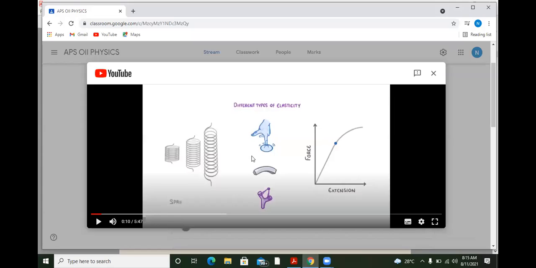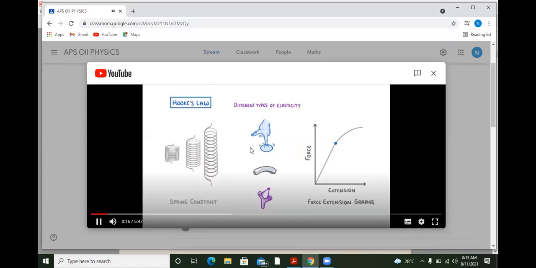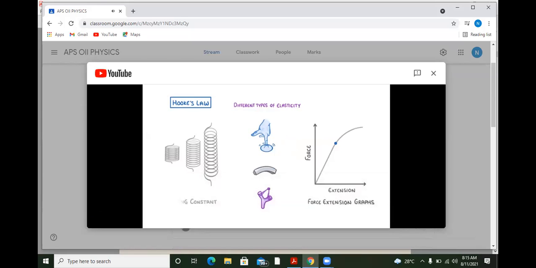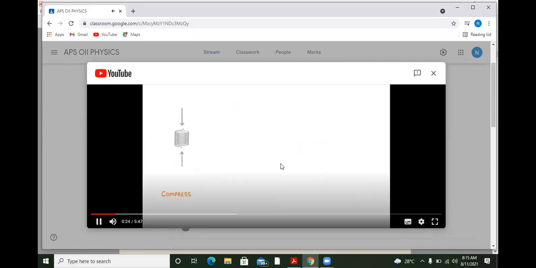I'm showing one video here, of different types of elasticity. If we are applying a force on any object, suppose here we are compressing our spring, here we are stretching our spring, and here we are trying to bend it. So these are different types of forces we are applying.